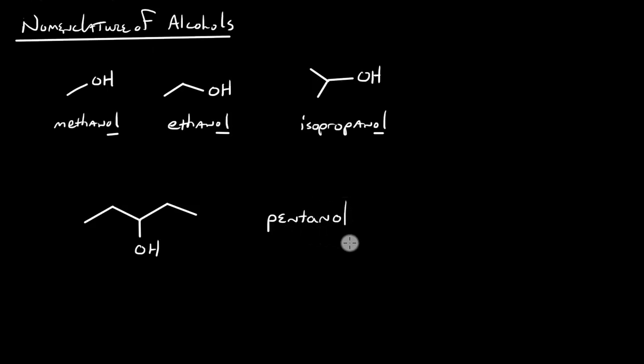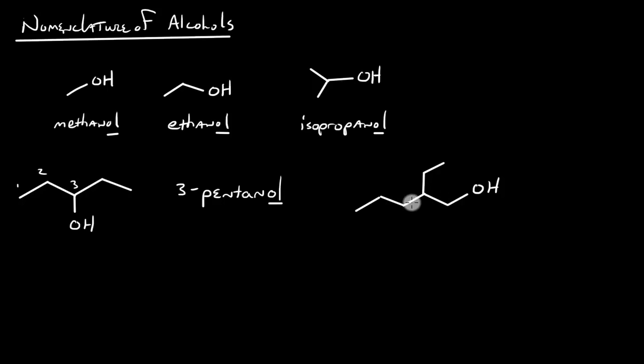Instead of calling it a pentane, we take that E, subtract it, and replace it with the OL. So this would be a pentanol parent. Now the only thing we have to do is indicate where that OH group is located on the molecule. If we numbered 1, 2, 3, this would be 3-pentanol. So the 3 is indicating where that OH group is.